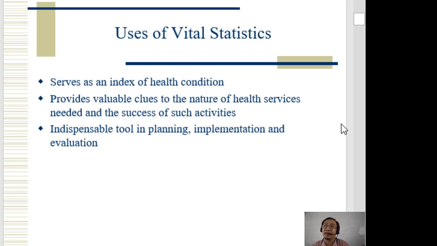So you can say that a population or a community has a good or a poor health condition by the use of vital statistics, because usually there is an international recommendation of standards of measure or index.